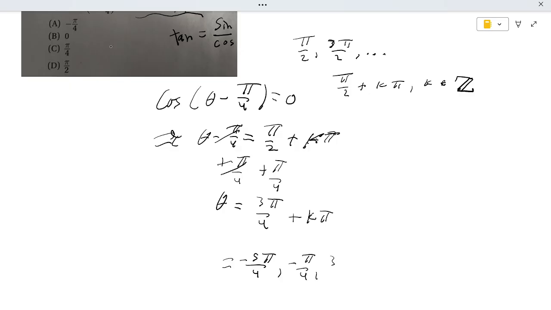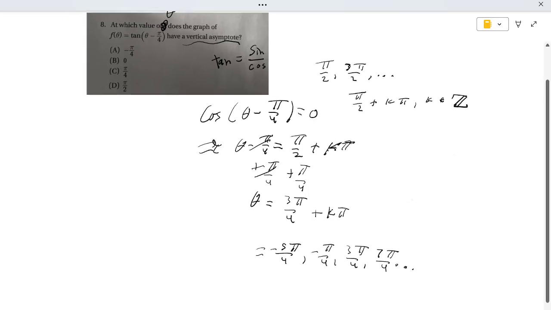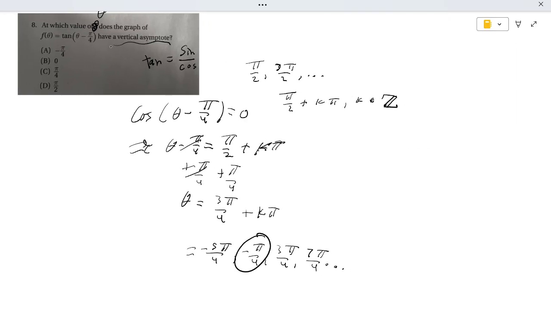If it's 0, it would be 3 pi over 4, then 7 pi over 4, because we're adding pi each time. The only one that matches one of our answer choices is negative pi over 4, so that is our answer.